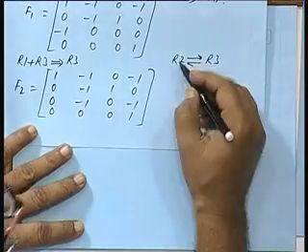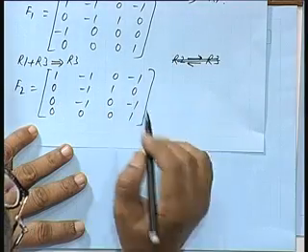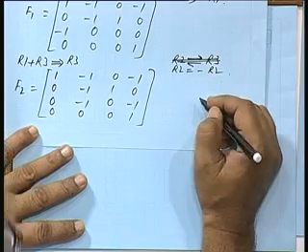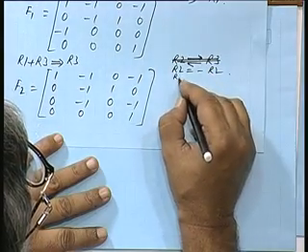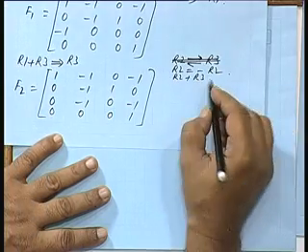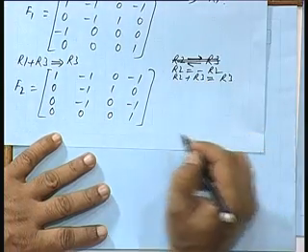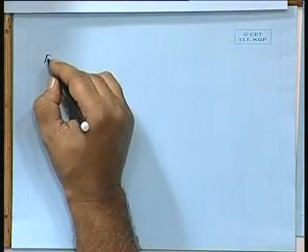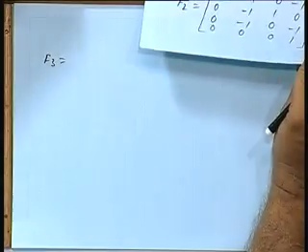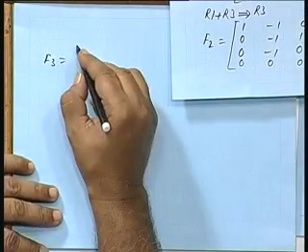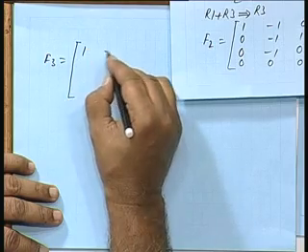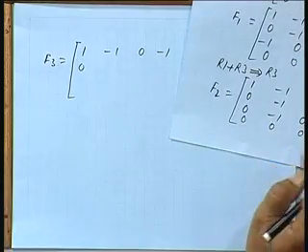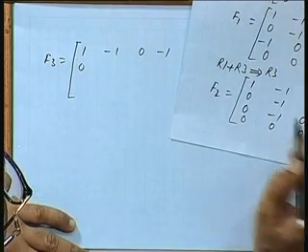Okay, there will be a shortcut. Let me negate R2 first. R2 is replaced by minus R2, and then we replace R3 by R2 plus R3. Then what we get? F3 will be 1 minus 1 0 minus 1 0. See, R2 is replaced by minus R2.